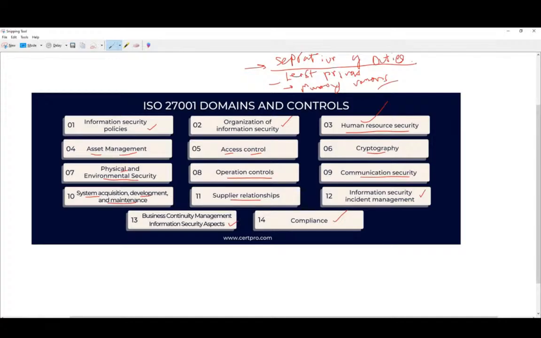Second thing I'm talking about is least privileges. What do you mean by least privileges? Somebody says you need to provide least privileges.